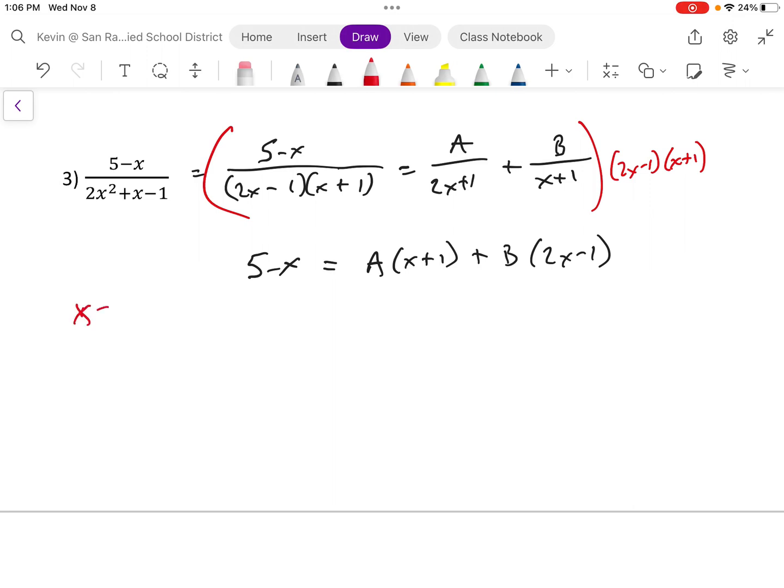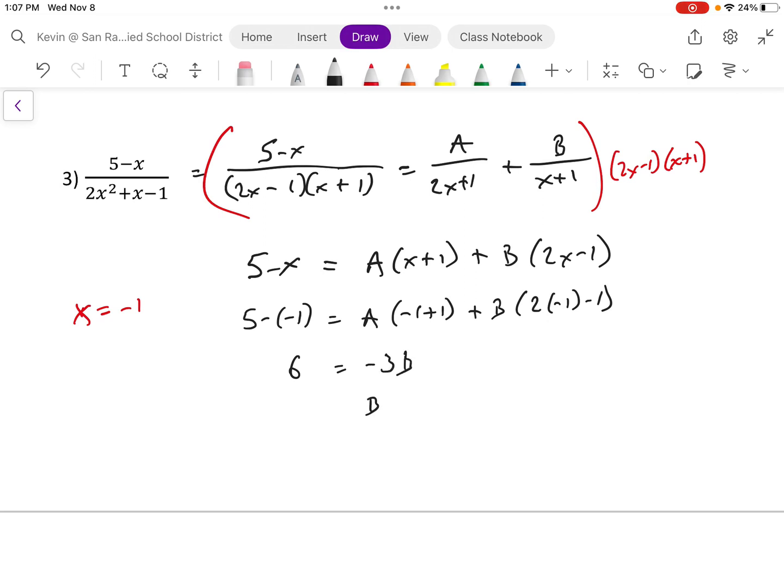We'll say if x equals negative 1, so 5 minus negative 1 equals a times (negative 1 plus 1) plus b times (2 times negative 1 minus 1). Clean all this up. 6. Let's see. That's negative 2. It's negative 3b. So b equals negative 2.